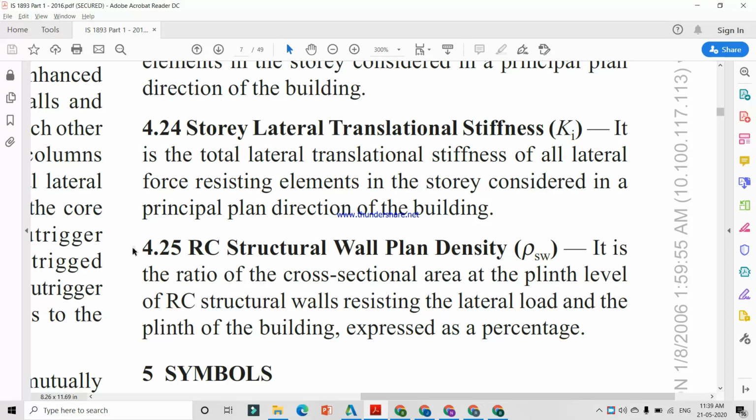The next and the last one is the RC structural wall plan density, which is the ratio of the cross section area at the plinth level of the RC structural wall and the plinth area of the building, expressed as a percentage.